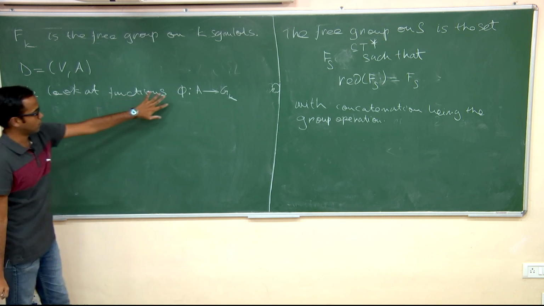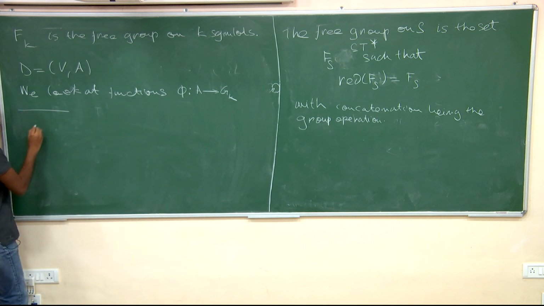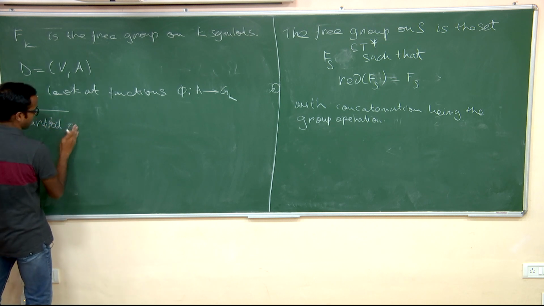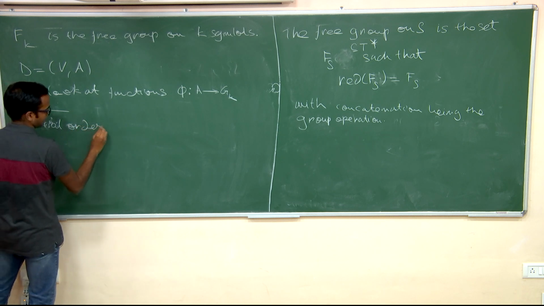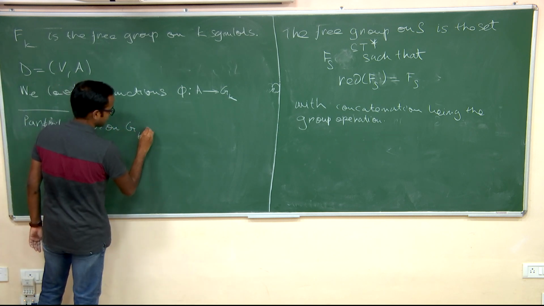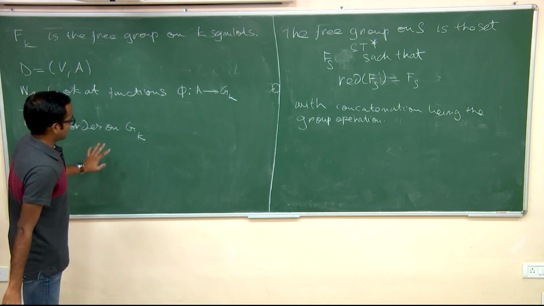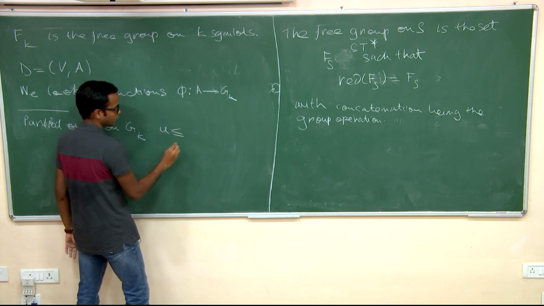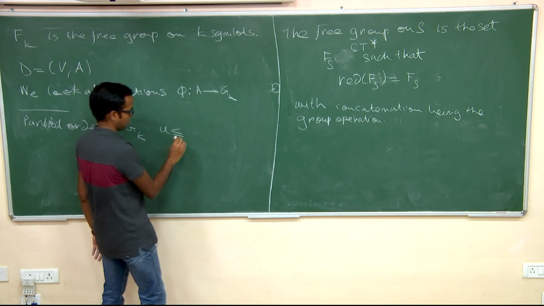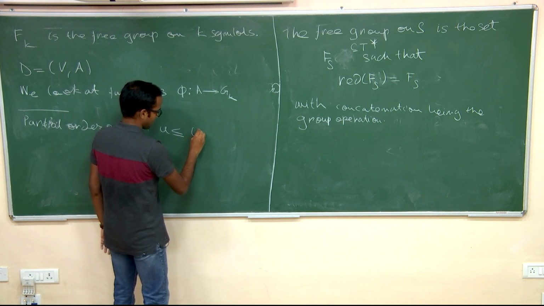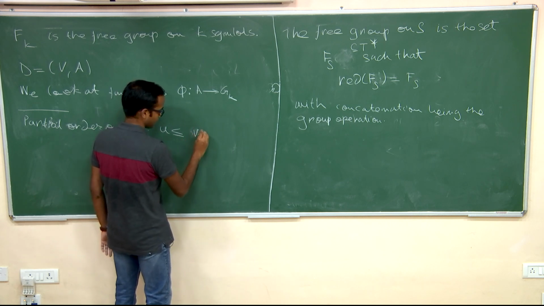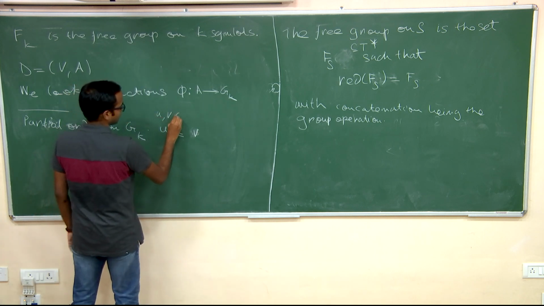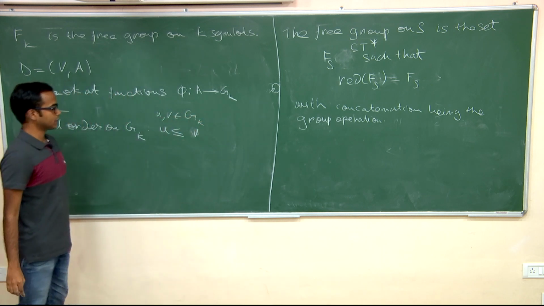Before getting into more about these functions, we need to look at a partial order on GK. U is, this is our partial order relation. U is less than V, where U and V are some elements of GK.